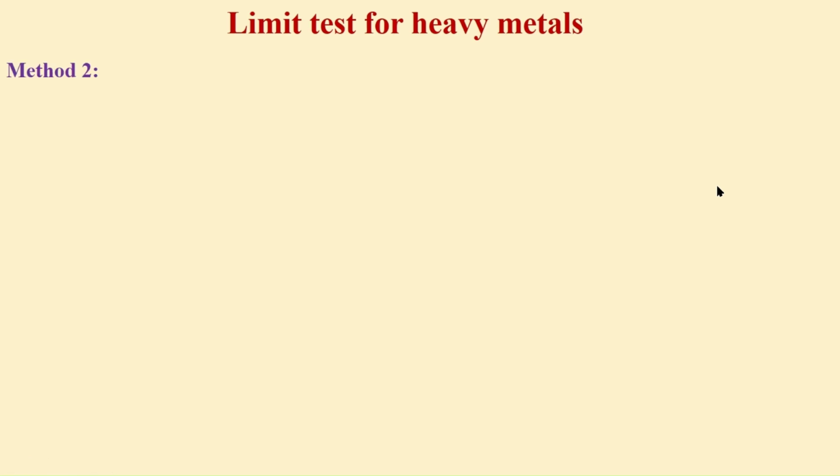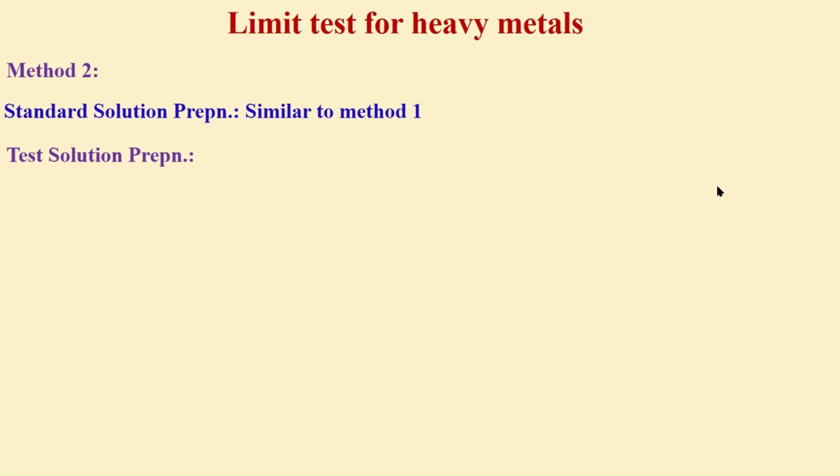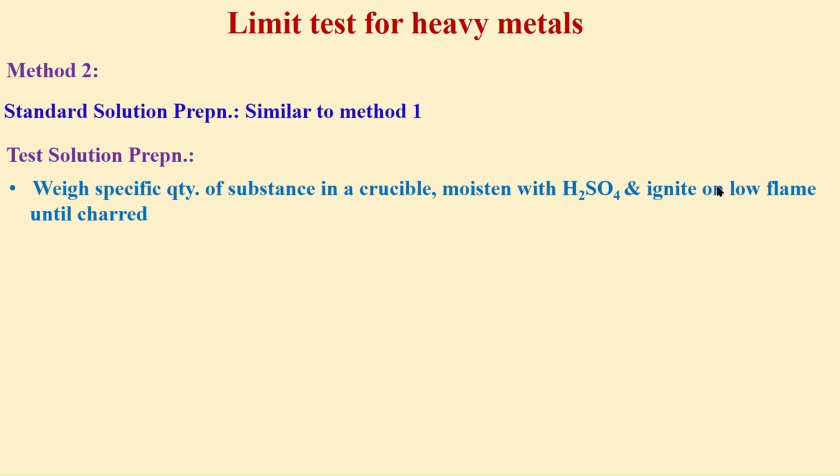The second method is used for those substances which do not give a clear colorless solution in water. The standard solution is prepared in a similar way to that of method 1. The test solution requires treatment as the substance is not easily soluble in water.